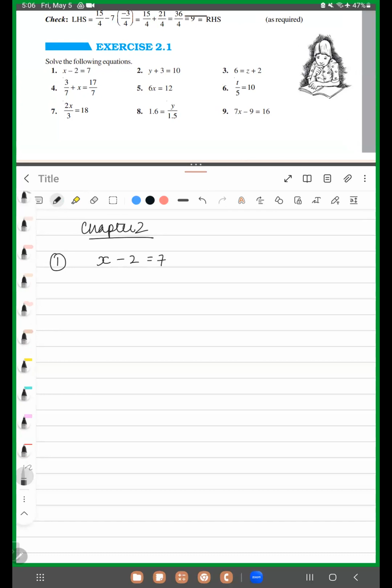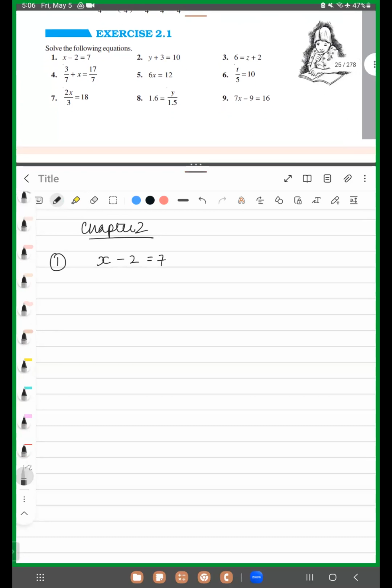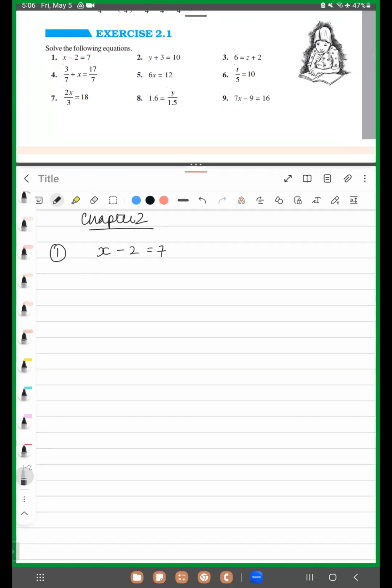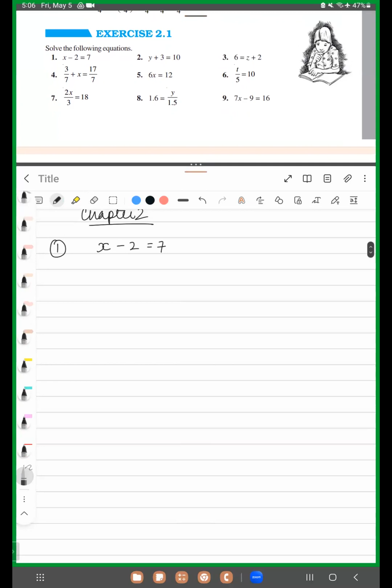Yeah. What should we do? We will bring minus 2 to the other side. We will write 7 plus 2. Very good. So, क्या बन जाएगी equation? X is equal to 9. Very good. ठीक है, x is equal to 9. ठीक है. So you can quickly do the second one, third one, all of these. चलिए जल्दी करके बताइए.